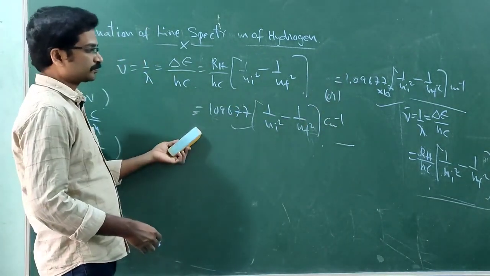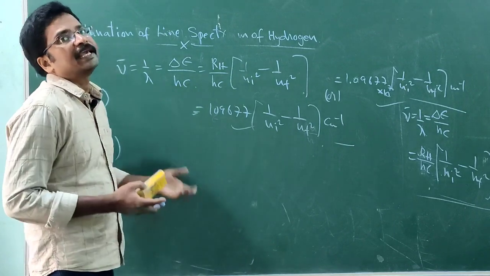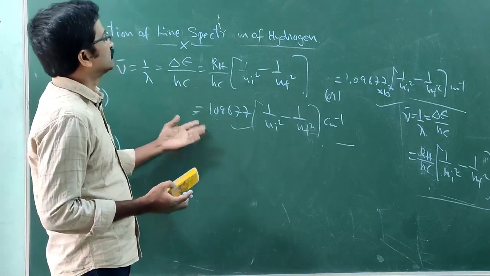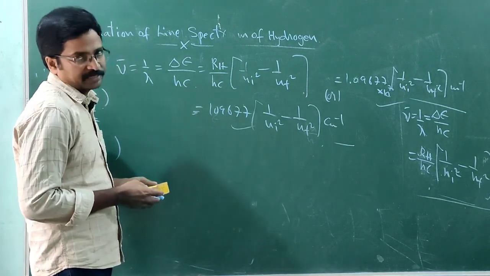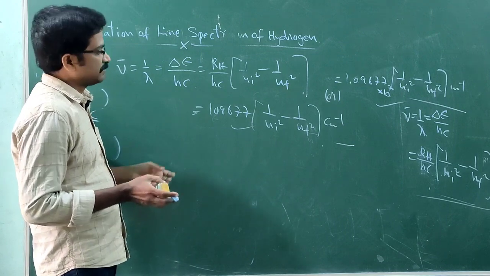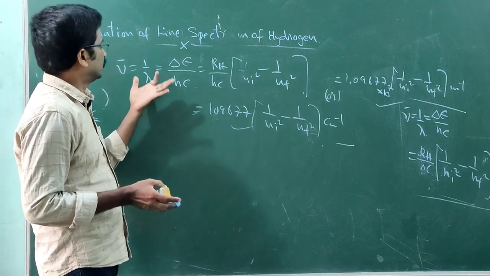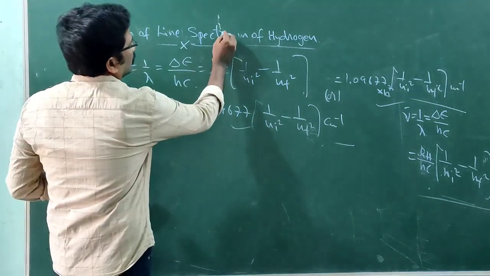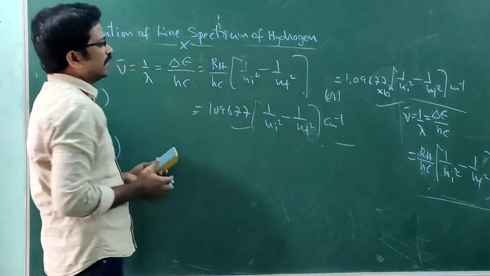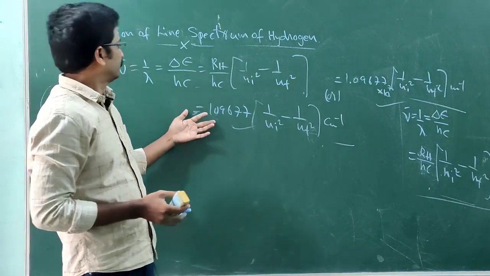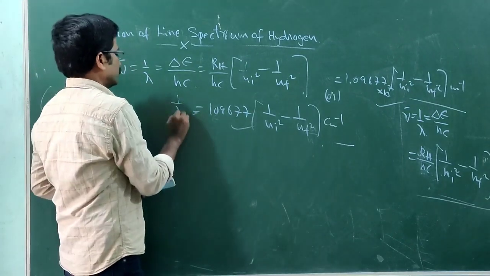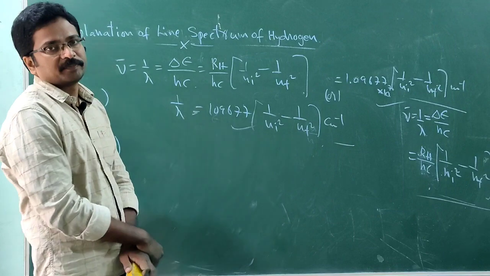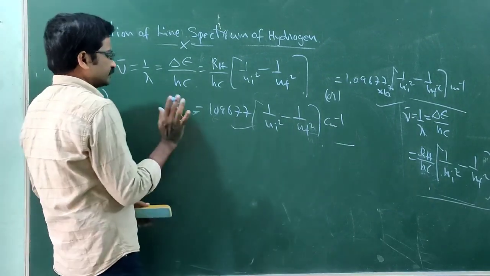Okay. Then what did Bohr explain using this formula? How has he explained the line spectrum of hydrogen by using this formula? The wave number 1 by lambda is equal to this one. Okay.